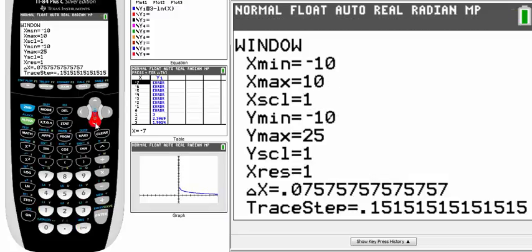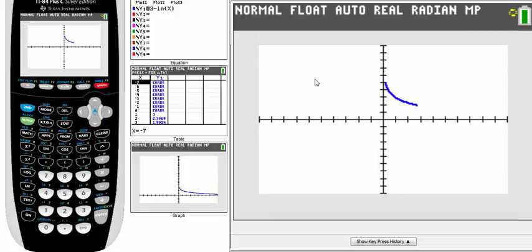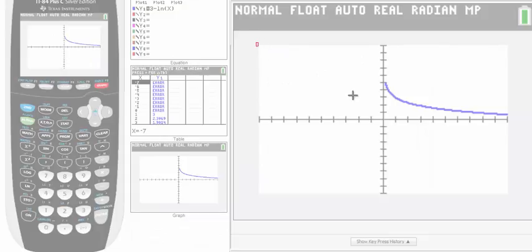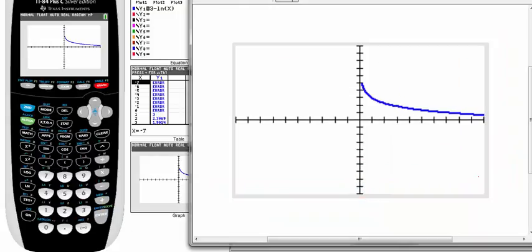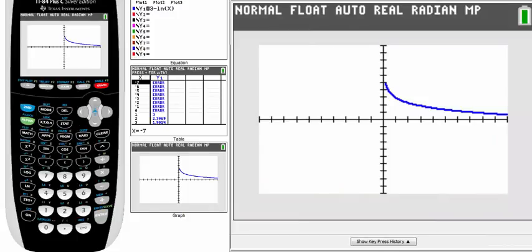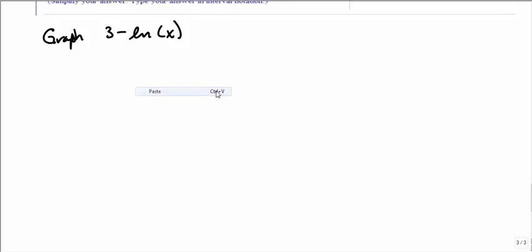I like always changing these by hand because it reminds me what I'm working with. It still chops this off a little bit. So we know that it continues to go up, so we have to have some knowledge about the graph, because without that knowledge, the graph doesn't look correct. But I know it continues to move up. So that's how we would graph on our calculators.